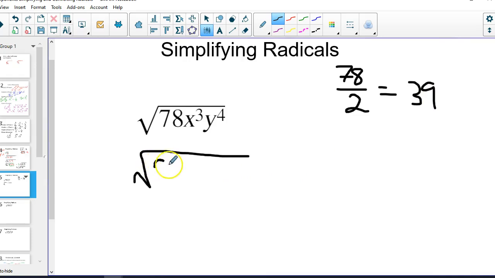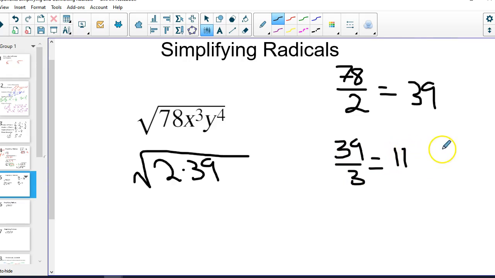So we have 2 times 39. Feel free to use a calculator too if you have one to help you simplify. I know that 3 goes into 39 because 3 plus 9 is 12, and 12 is divisible by 3. Remember some of our divisibility rules back from elementary school. And 3 goes into 39: 39 divided by 3 will give me 13.